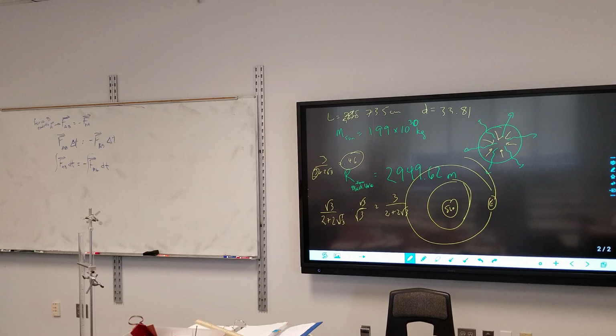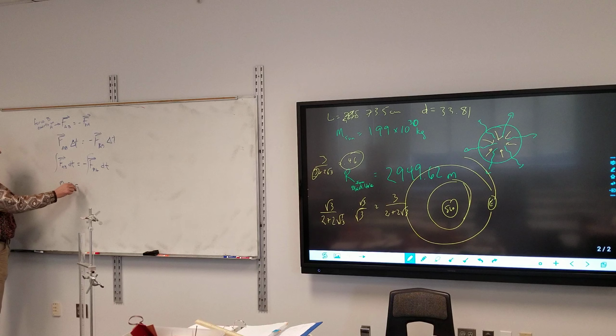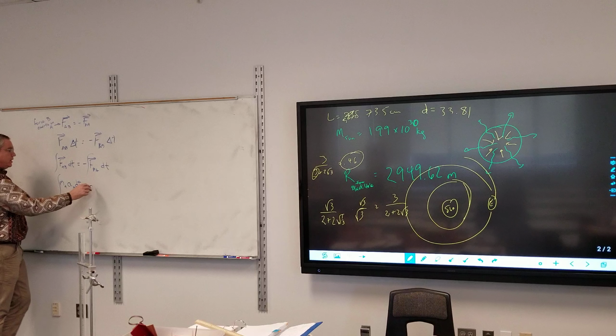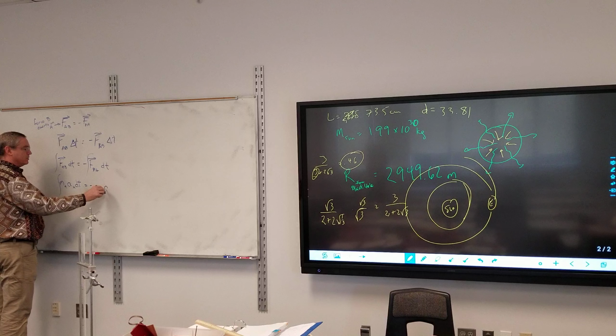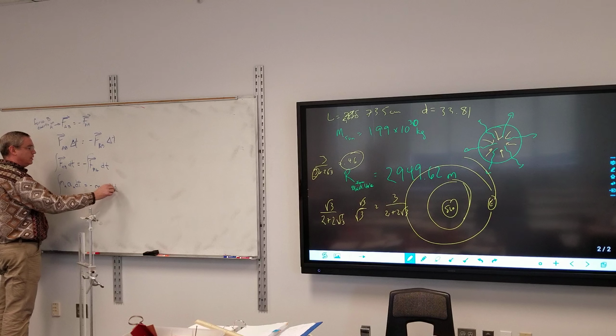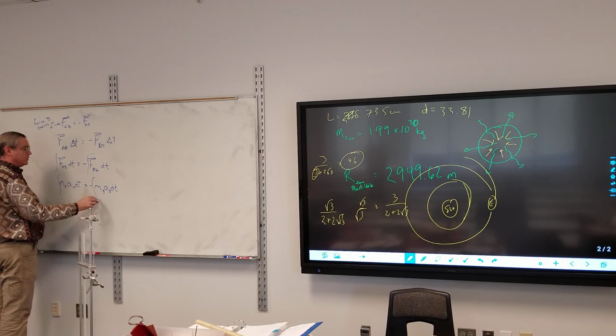And Newton's second law, what is force equal to? Mass times acceleration. So this would be the mass of A times the acceleration of A dt is the negative mass of B times the acceleration of B dt, from some time initial to time final.